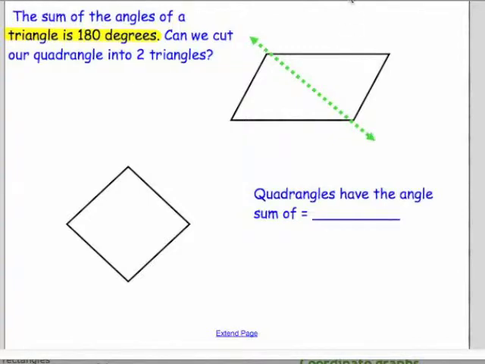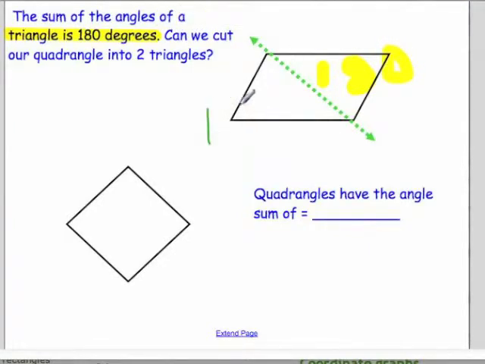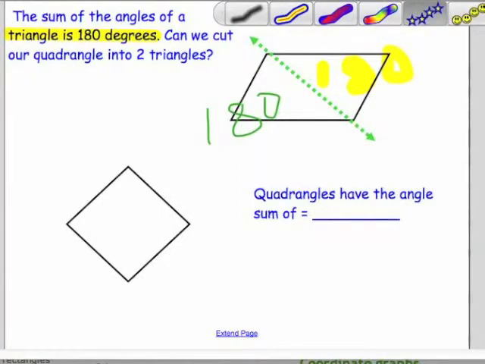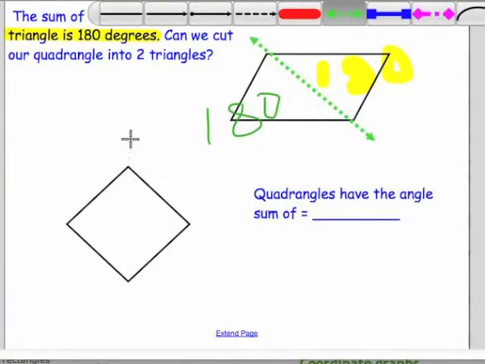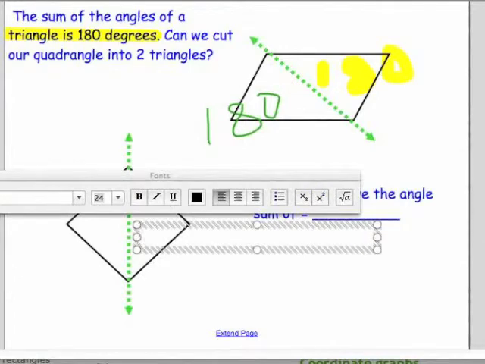Okay. Well, if this one's interior angles are 180, then this one is 180 inside this triangle. What is that going to be when we put it together? What is 180 plus 180? Okay, we can do the same thing down here. Let's cut this one into two triangles. Same deal. We've got 180 in here.